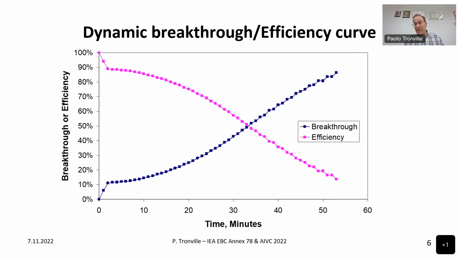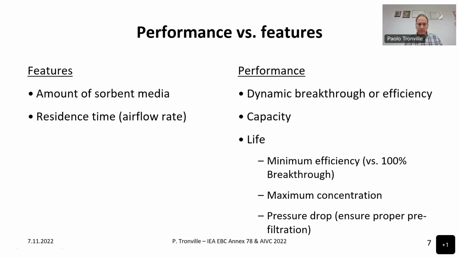Of course, you can see here the time scale is less than an hour, and this is because the concentration that is used to challenge the filter is very high, much higher than ambient concentrations, and this opens up other issues that, however, we don't have the time to discuss here. Just to see an example.